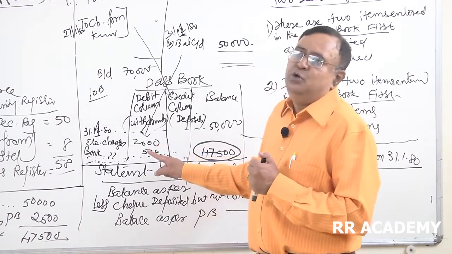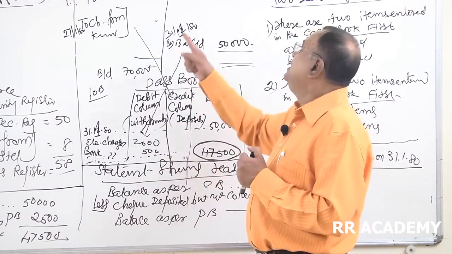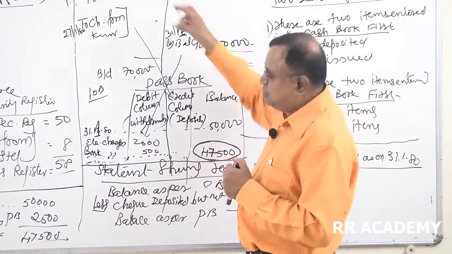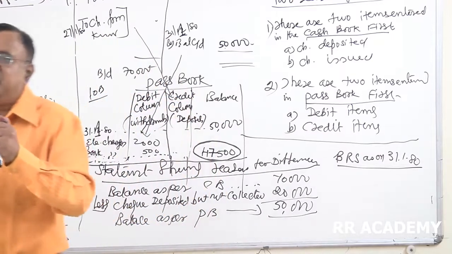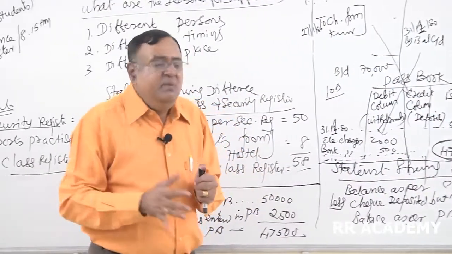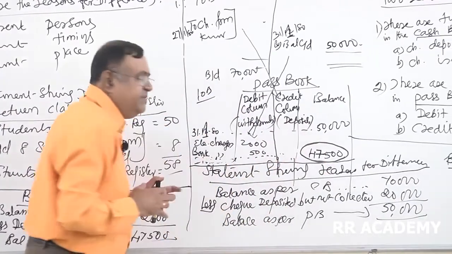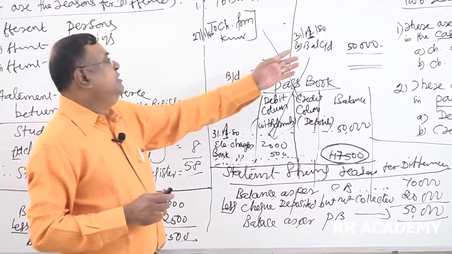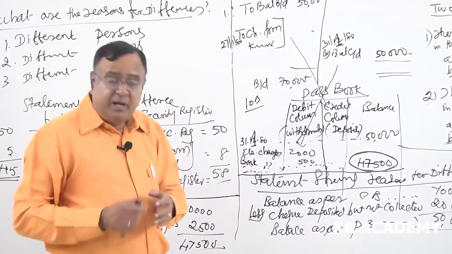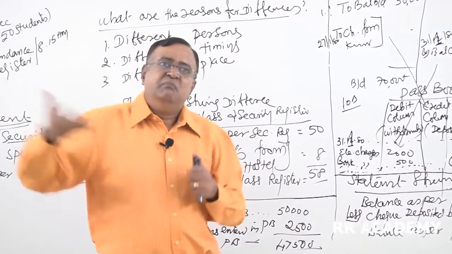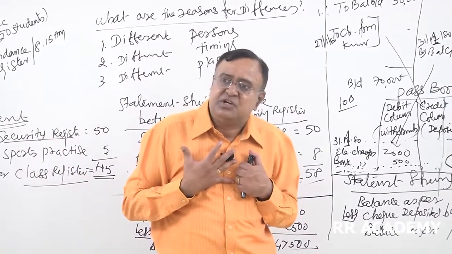After entering into the bank, then only we will get intimation. Then only it will be entered in the cash book. This will take 5 to 6 days. In the meantime, the passbook will show 47,500, the cash book will show 50,000, because the bank paid certain amounts on the basis of our instruction.